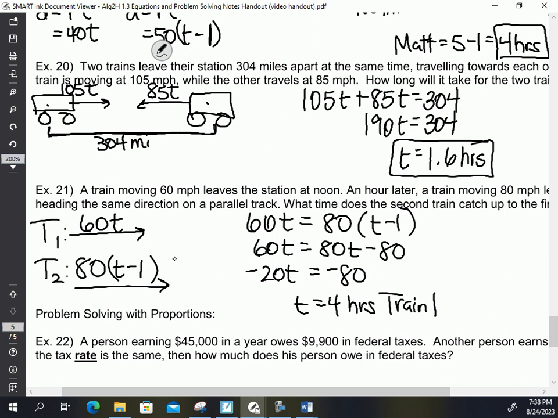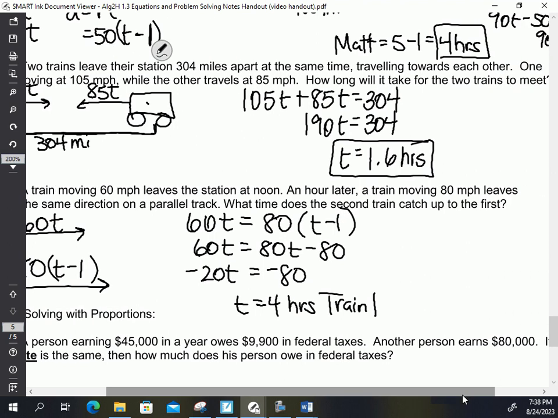So train one's going for 4 hours. That means train two, 4 minus 1, 3 hours. Train two does it in 3 hours.